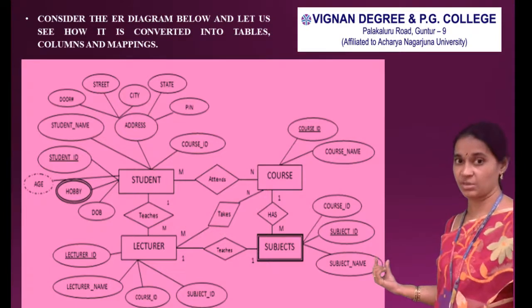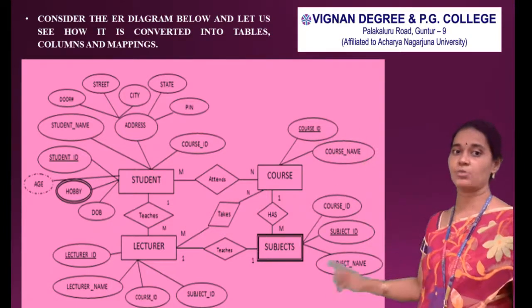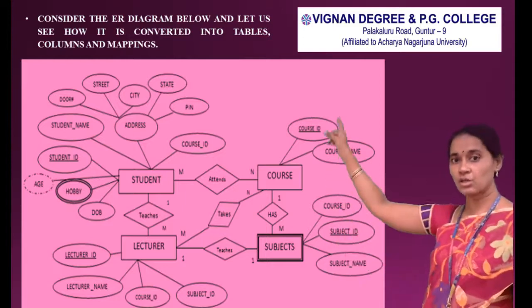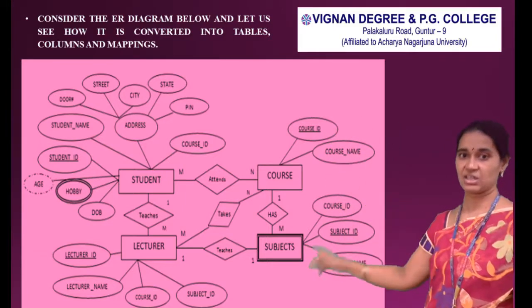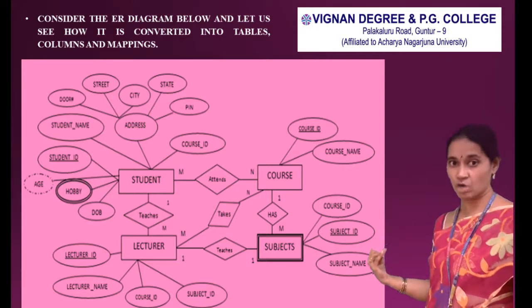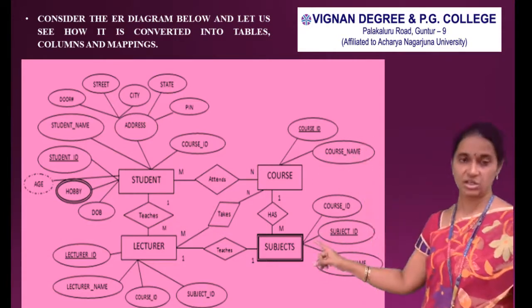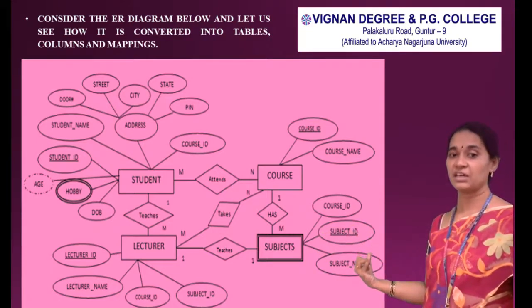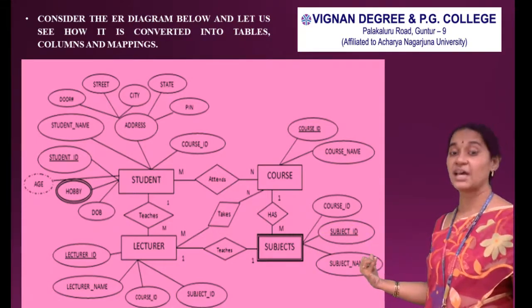The entities are represented like this in rectangular boxes. We have four entities in our ER diagram, which include student, course, lecturer and subject, among which student, course and lecturer are called strong entities and subject is called a weak entity. Why is a subject considered a weak entity?